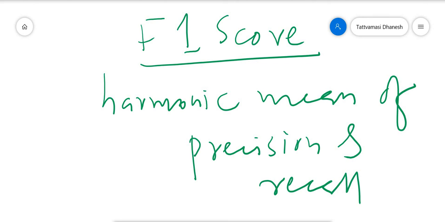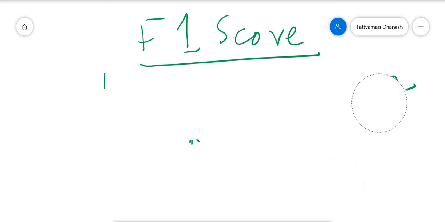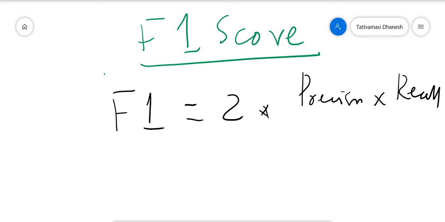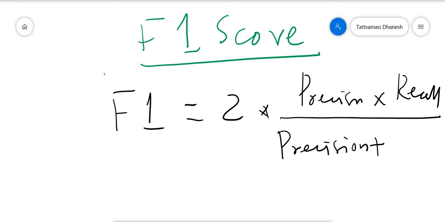So the formula for the F1 score: F1 is equal to 2 into precision into recall, the whole divided by precision plus recall.